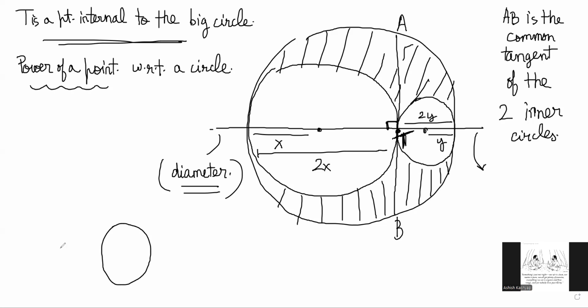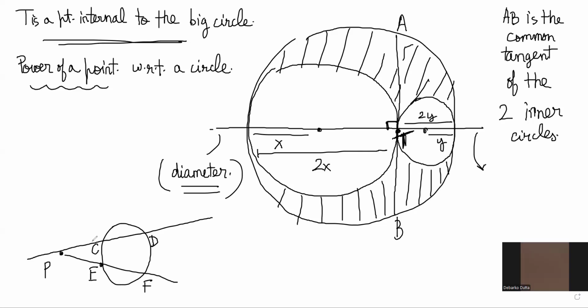So basically the idea is if the circle is given and a point is given, then any chord through that point passing through the circle and cutting it at two different points will have the same product of lengths, right? Yes, sir. So basically what it means is PC times PD is equal to the same as PE times PF, right? Right, sir.